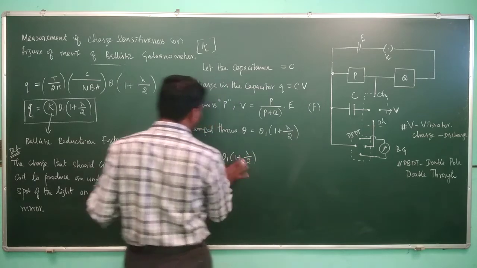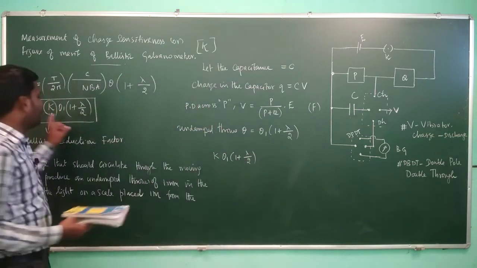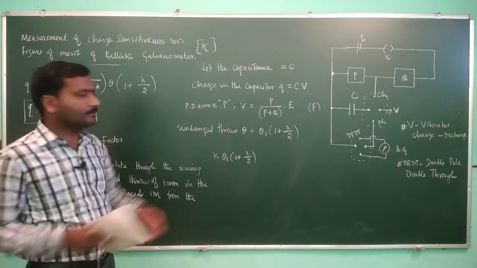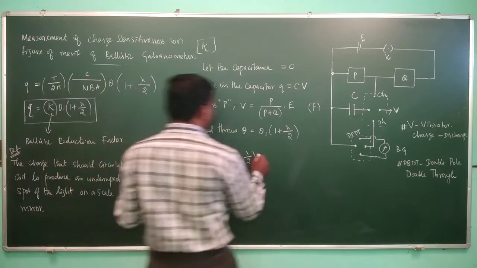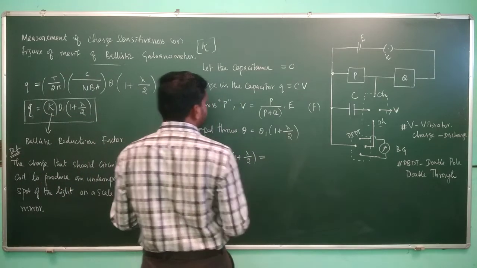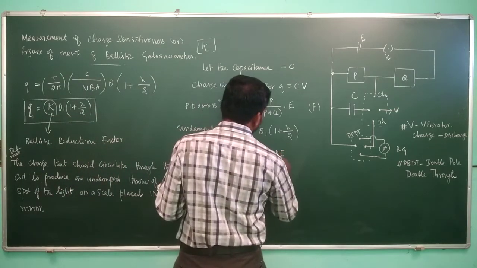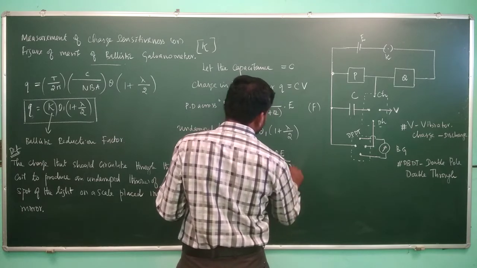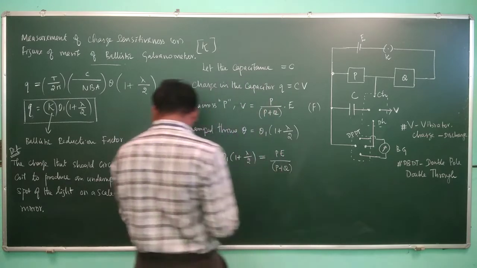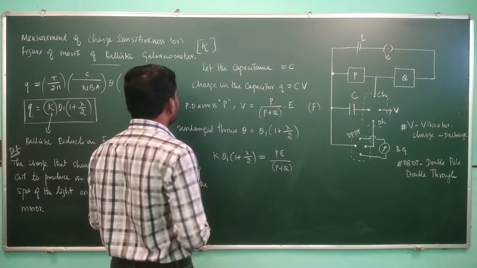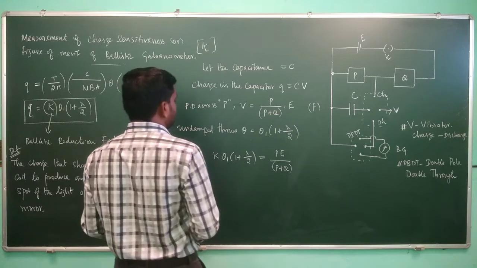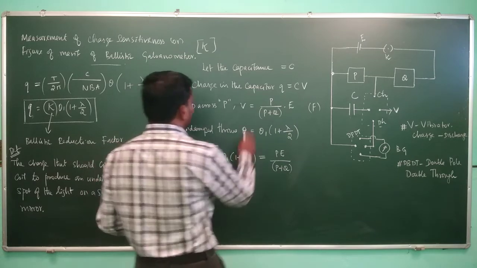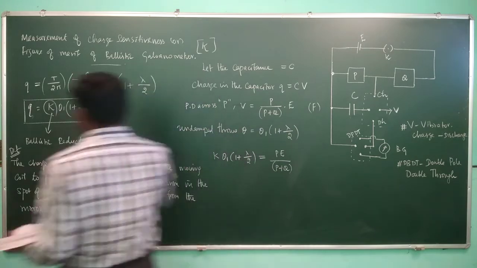This entire thing will give you the charge used to create an undamped oscillation, right? Fine, which is equal to the potential applied, that is PE over P plus Q. This is the expression for charge.